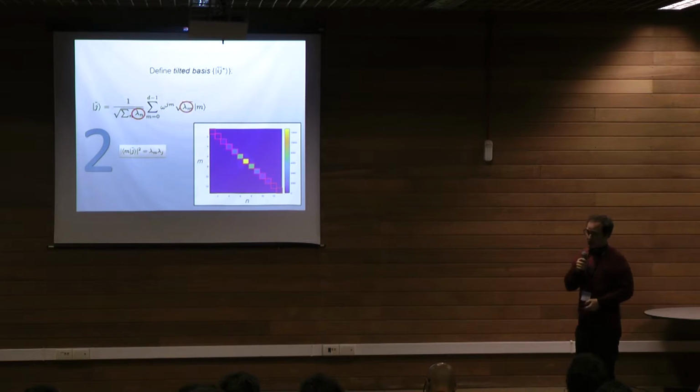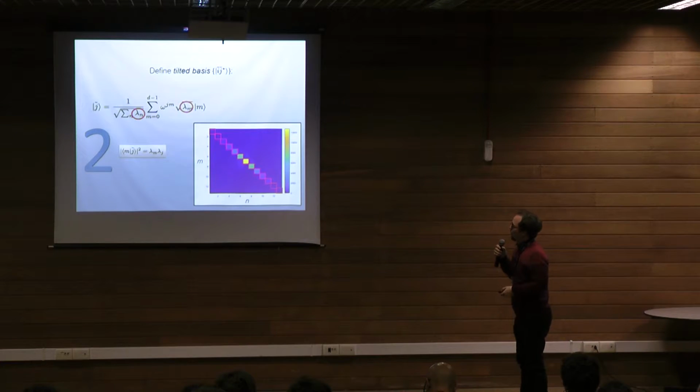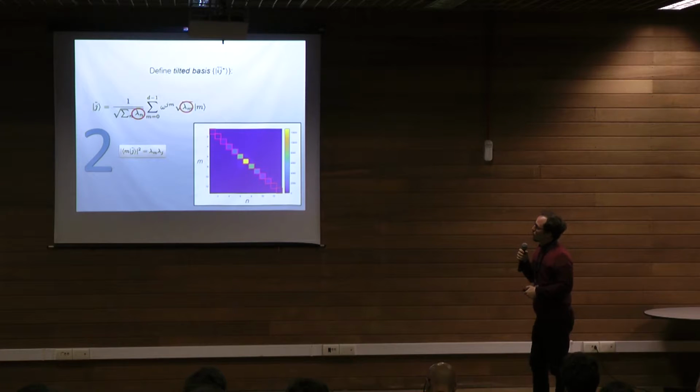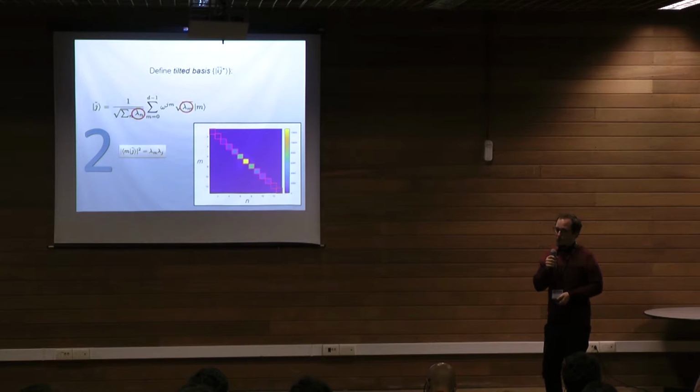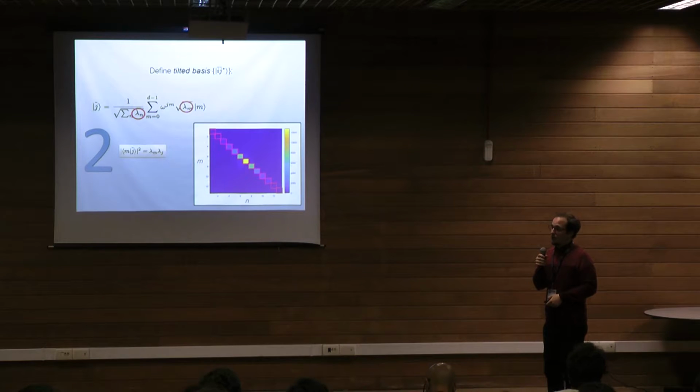Well, it looks a bit complicated, but in fact, if you stare at it for a little longer, you will realize one thing. If you were trying to measure fidelity to the maximally entangled state, all these lambdas would naturally be 1 over square root of d, okay? And if you do this, then they actually all cancel out, and what you get here is just a Fourier basis.